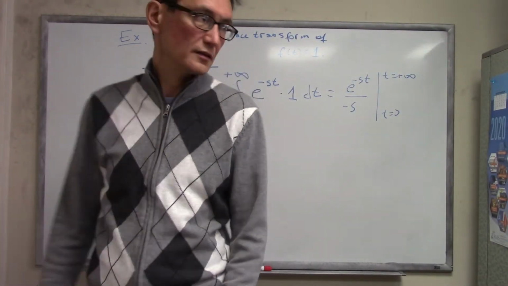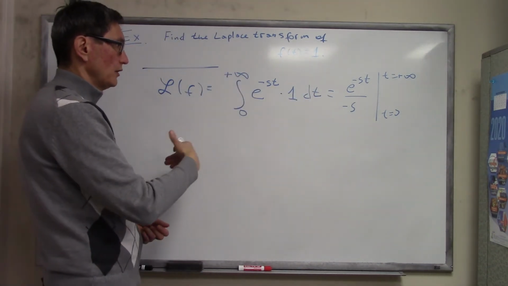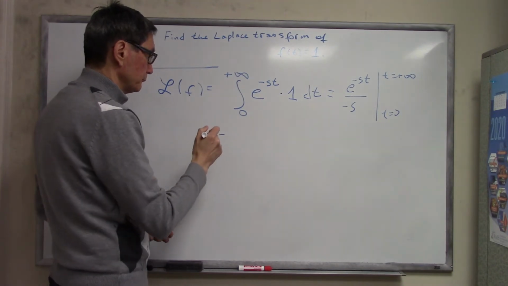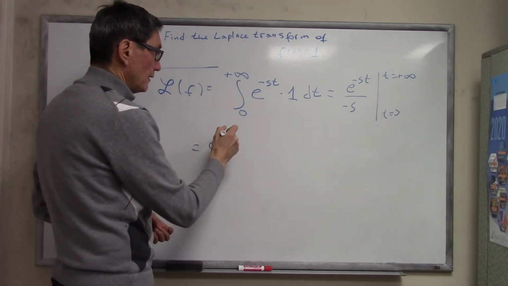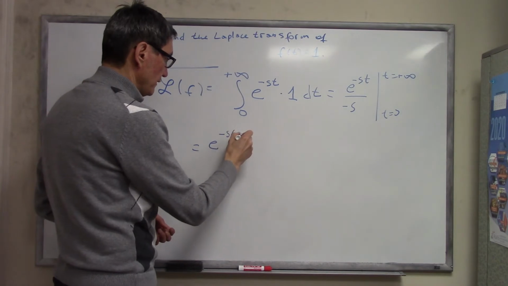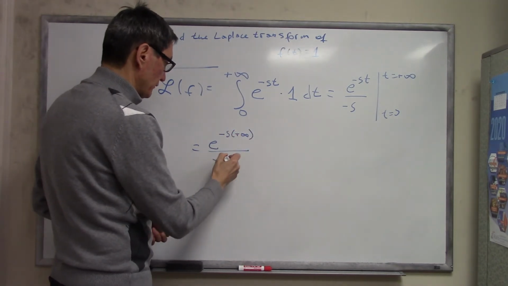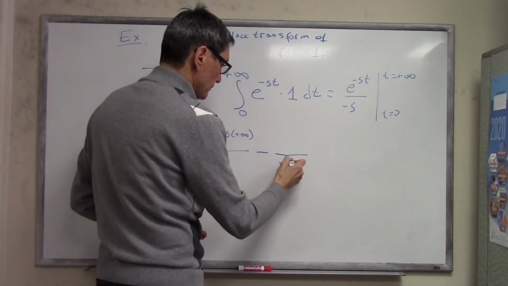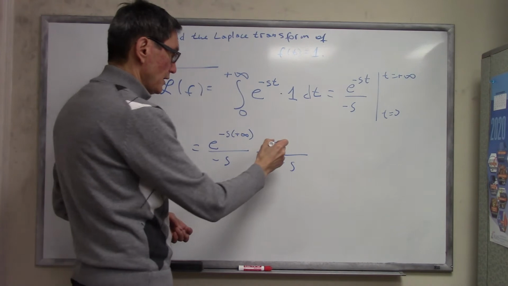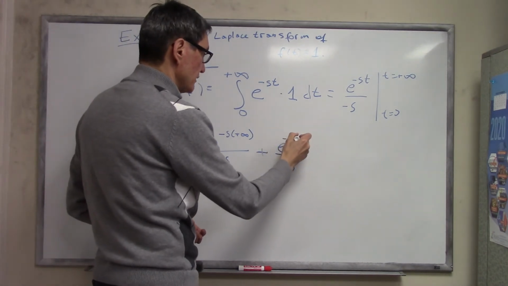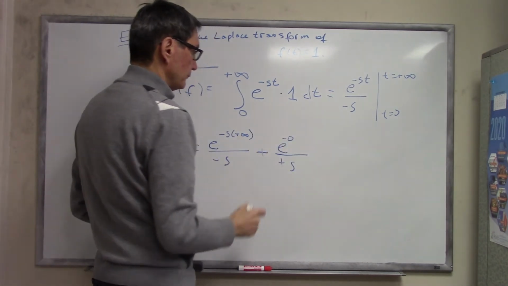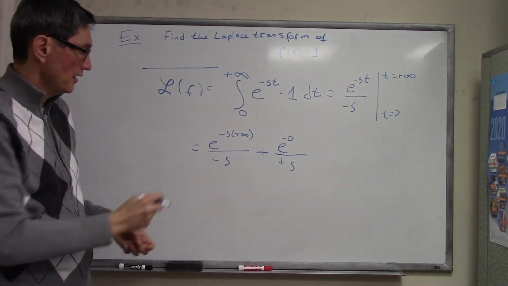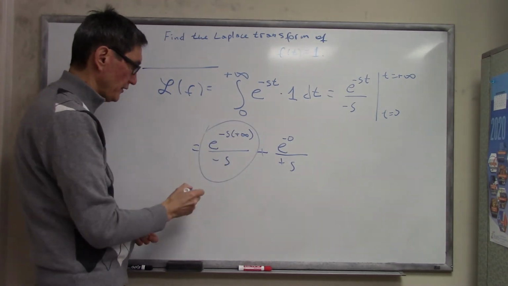What we notice is we plug in upper bound, plug in lower bound, so we're going to get e to the negative s times plus infinity over negative s. Minus minus gives us plus, e to the negative 0. Now what you notice is for this integral to exist, we wish that to be finite.